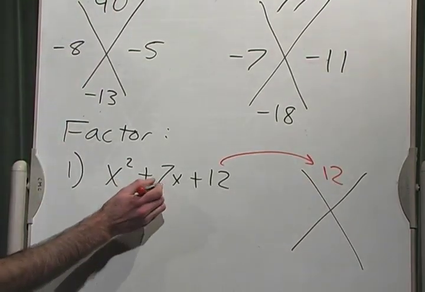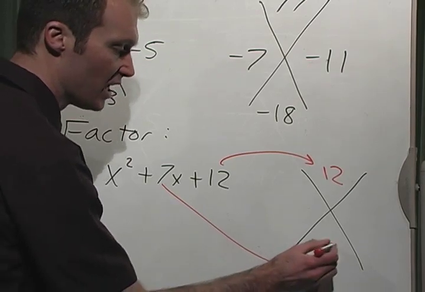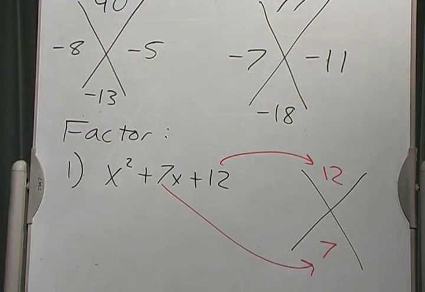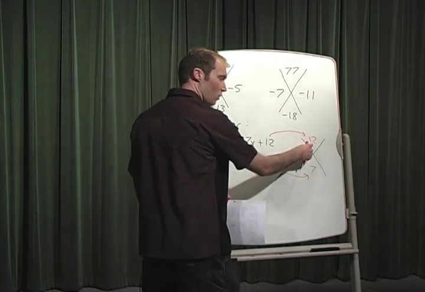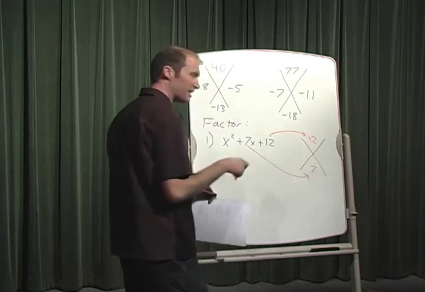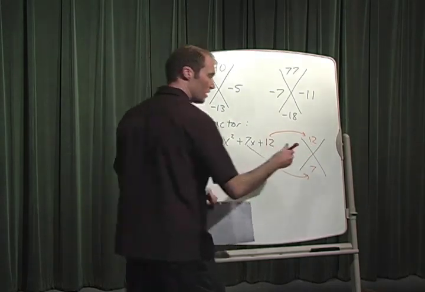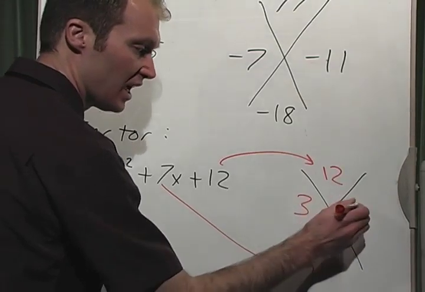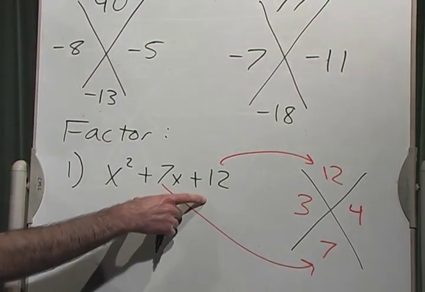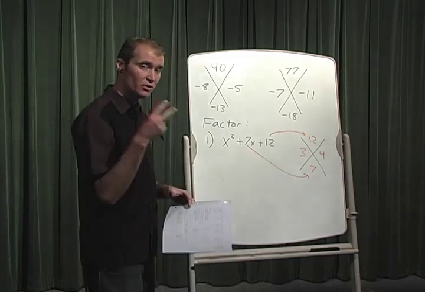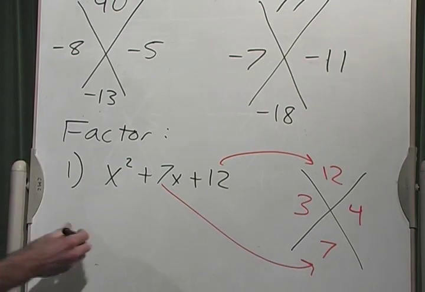And then the 7, I'm going to put on the bottom. I'm looking for two numbers that multiply to 12 and add to 7. Those two numbers are 3 and 4. So the way that this breaks down is it breaks down into two binomials.